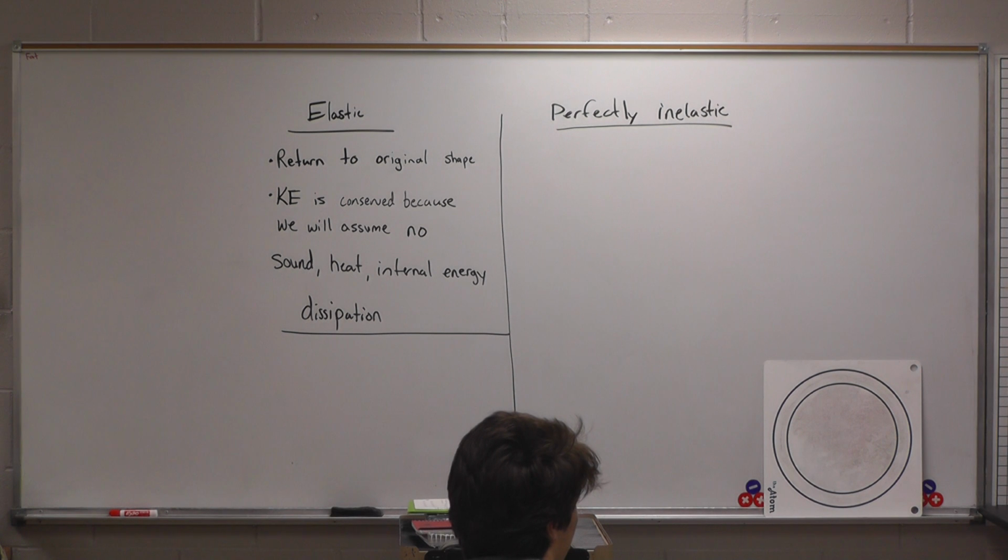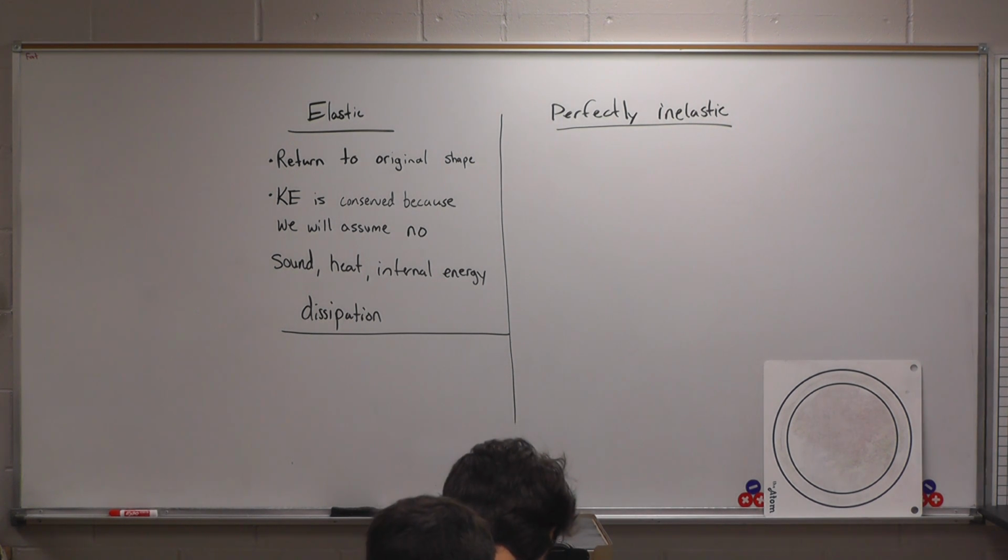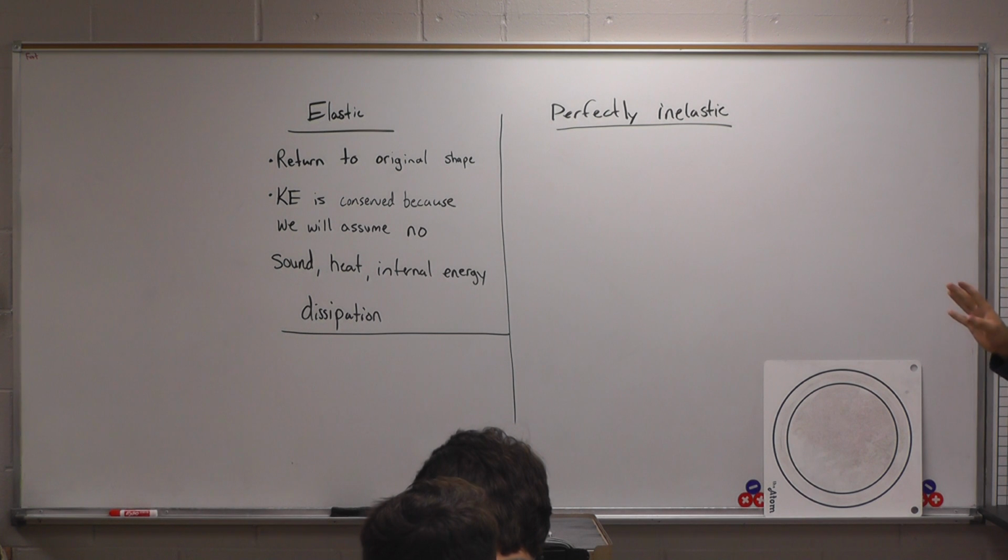So why doesn't the golf ball come back up to its original height? It makes sound, acoustic energy. The reason why it doesn't come back to its original height is because some of the kinetic energy it has got lost or dissipated in another energy form.